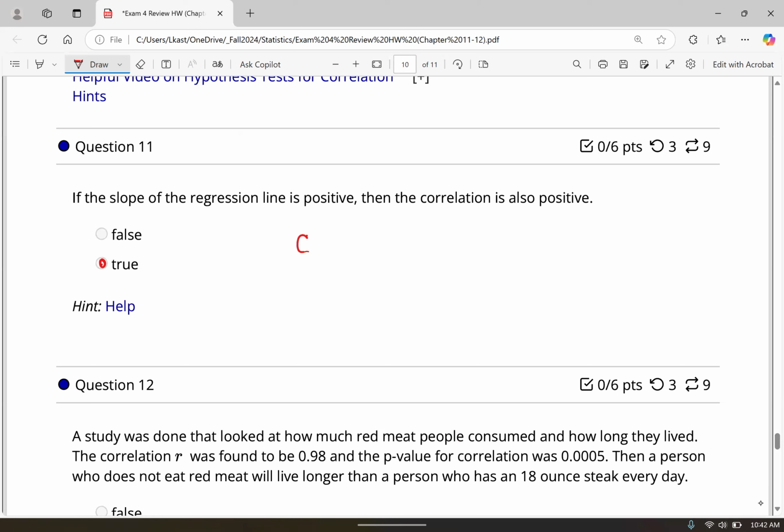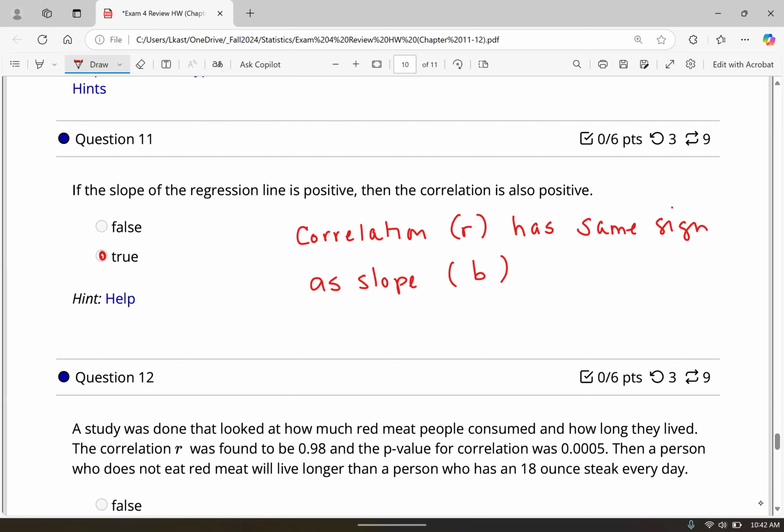So correlation, which we call R, has the same sign as slope, which are we calling it B in this course? So they have the same sign always. Okay, problem 12.